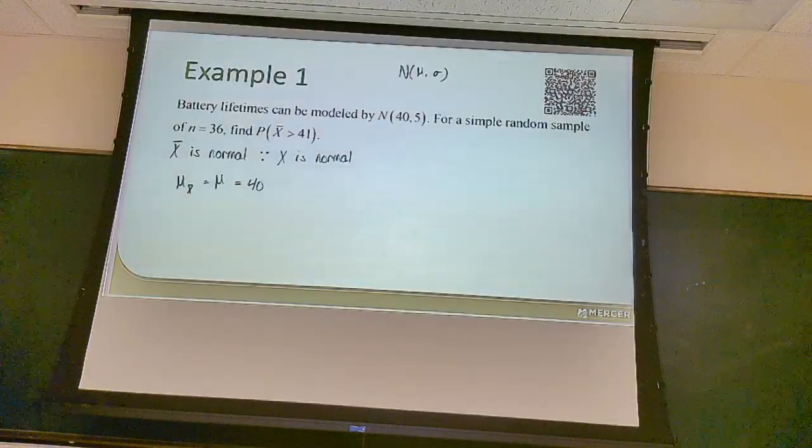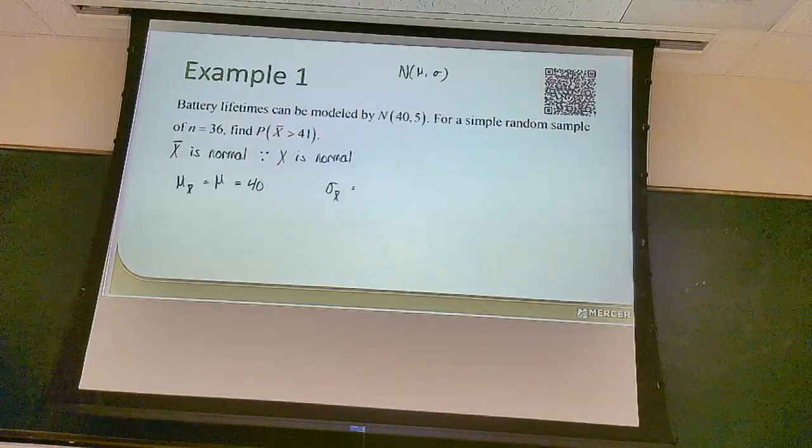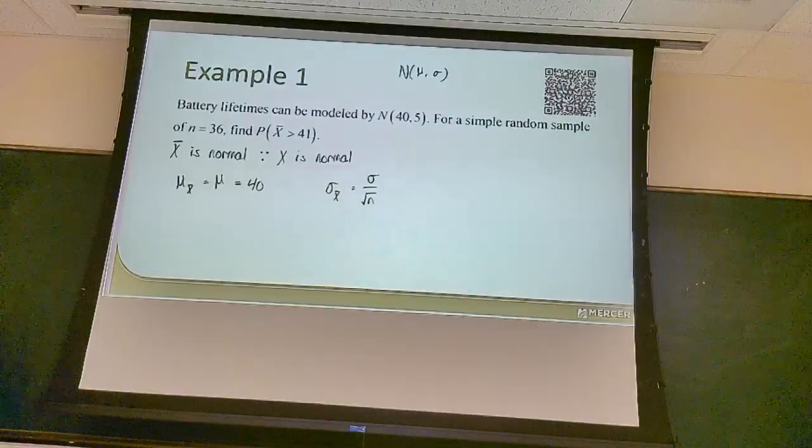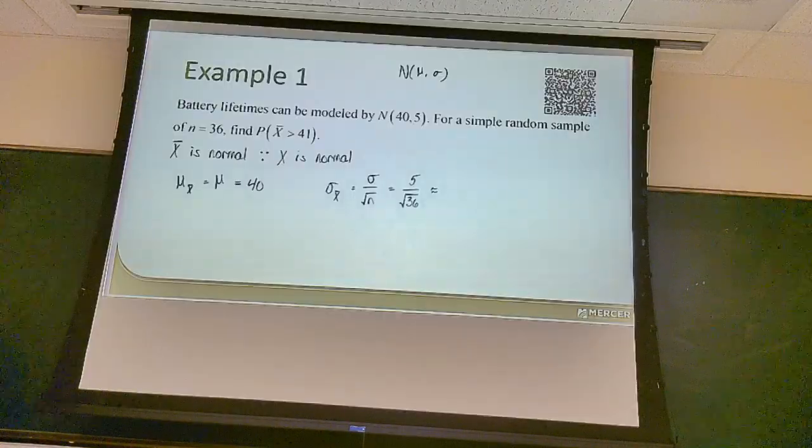Now we want the standard error. That is your standard deviation divided by the square root of the sample size. What is the standard deviation? What is the sample size? What's the square root of 36? So the standard error would be 5/6.